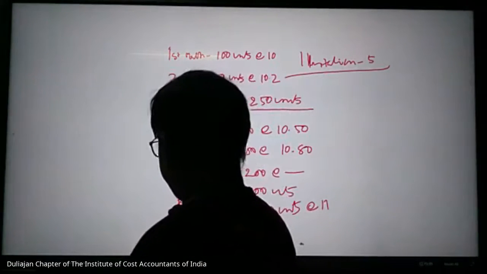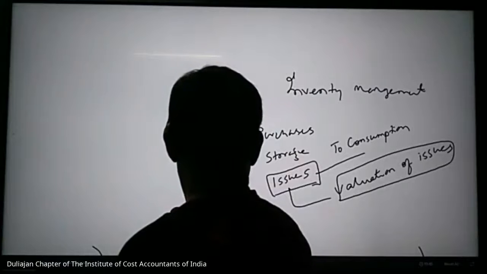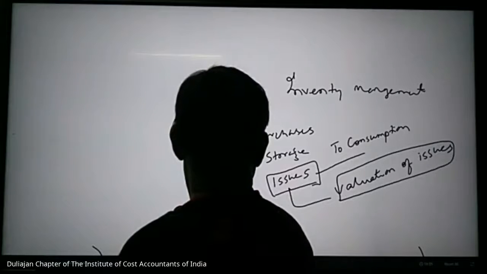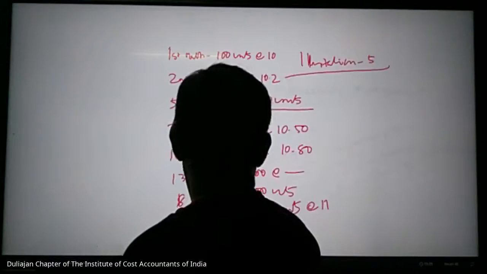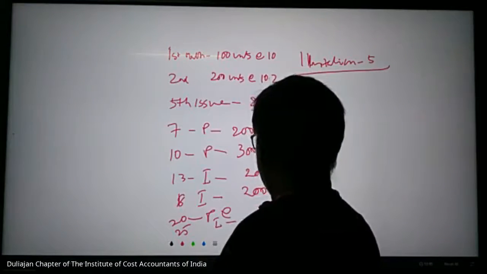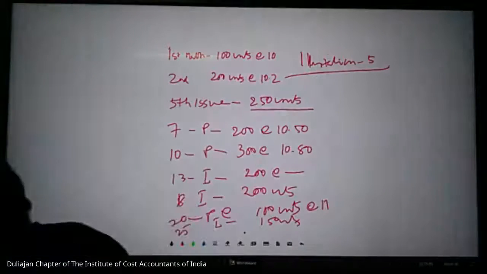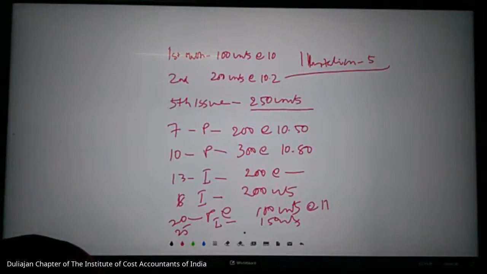Then 25th, issued 115 units, 50 units. These are the transactions.